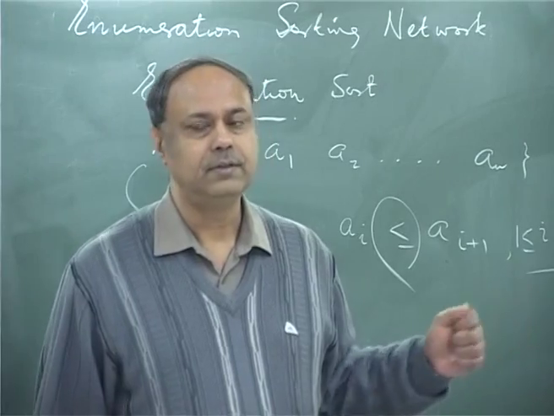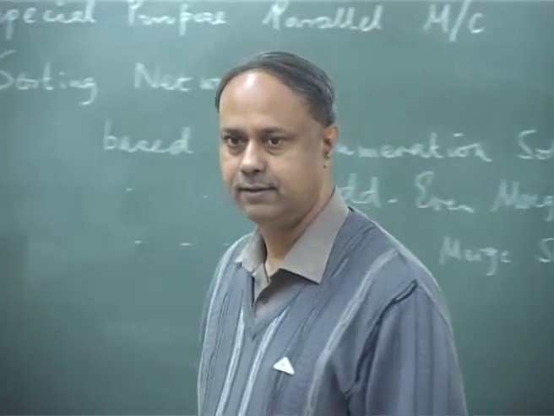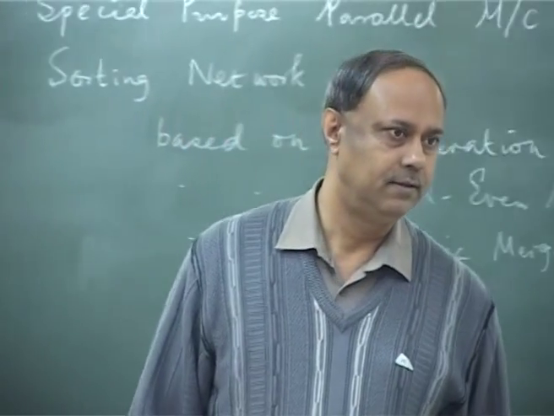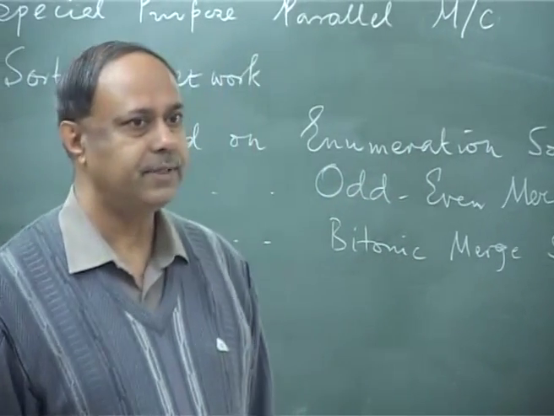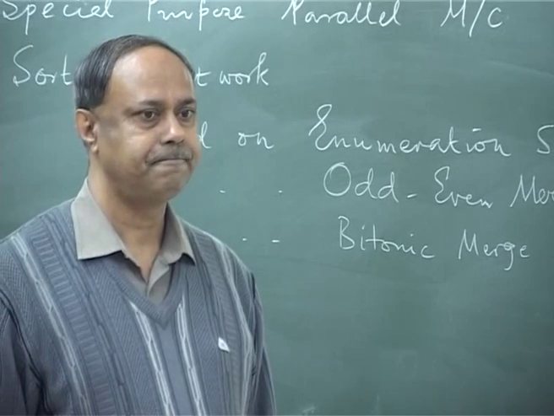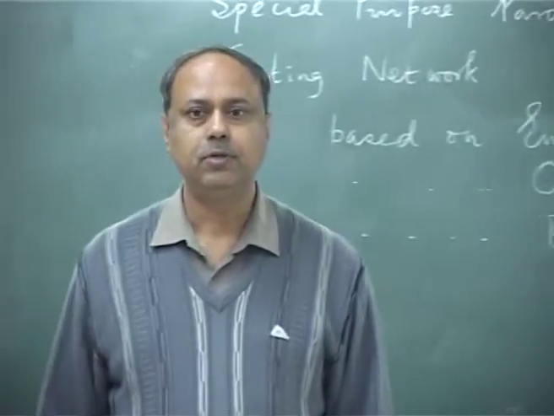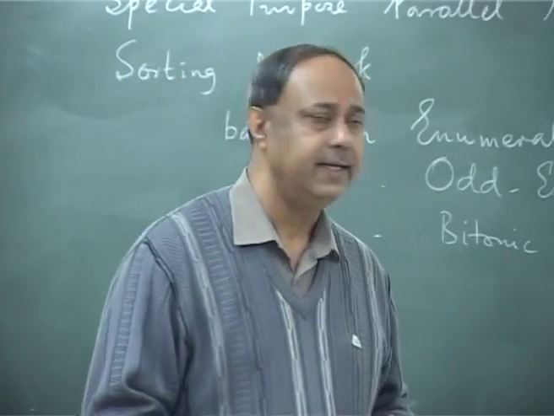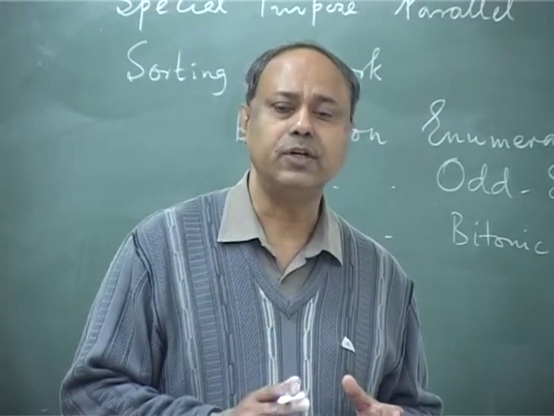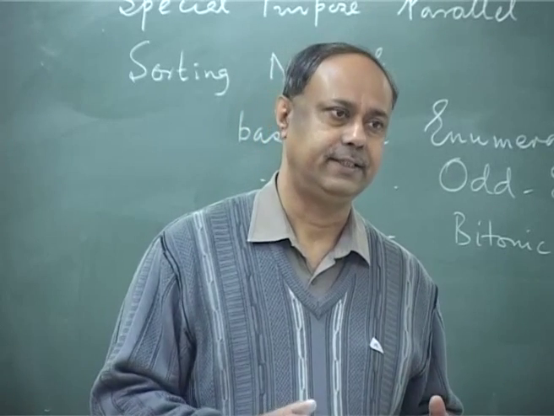So how are you going to handle that? Is it a difficult task? Can you suggest some method? Is it possible to modify this enumeration sorting technique if some of the elements are not distinct?